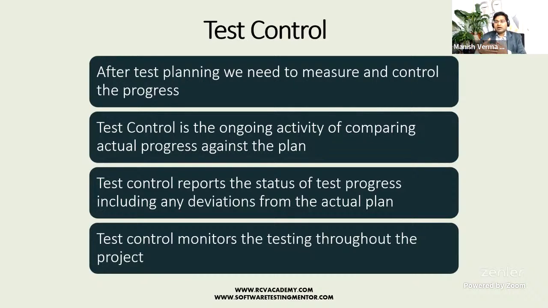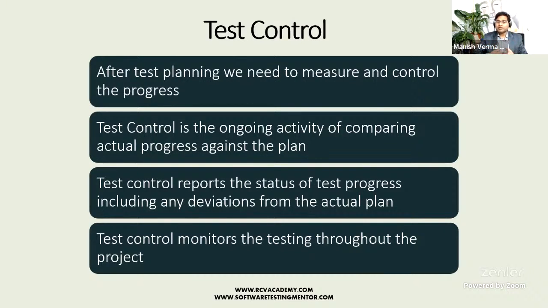What were your planned dates or the sprints to basically complete or test a certain feature? Whether you are on track or not, how many defects have been raised, are those defects blocking, and is the timeline being affected, right? These are the activities that will happen within the control.